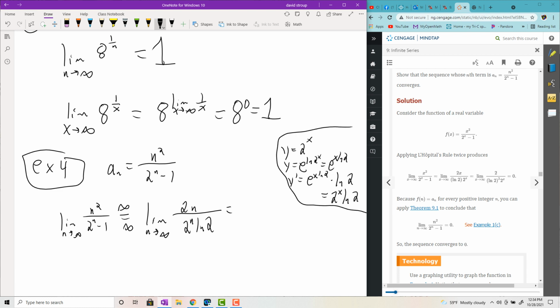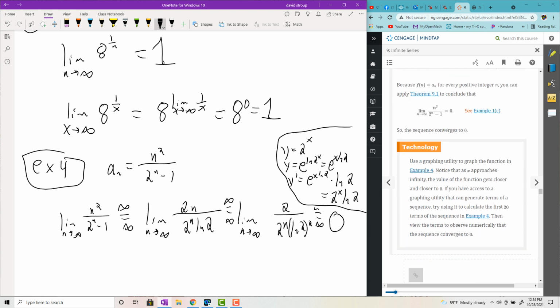Anyways, this thing still is infinity over infinity, so you just do L'Hôpital's again. And you get 2 all over 2 to the n times another ln 2, so you got ln 2 squared. And then finally, that's a constant over infinity form, which will just give you a 0. So at the end of the day, the limit is going to go to 0.